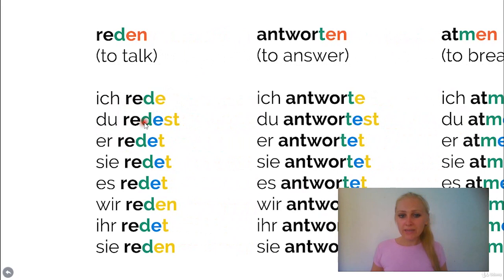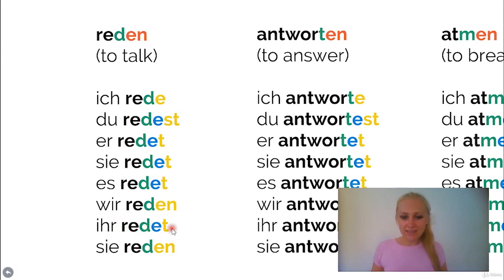But du redest, as you see, you don't just add -st at the end, but you have to add this extra e here. So it's du redest, er redet, sie redet, es redet, wir reden. Here you would have to add an e anyways in the normal conjugation.